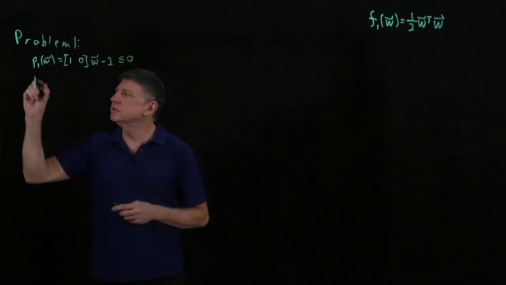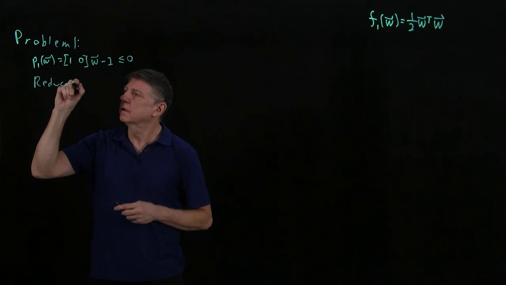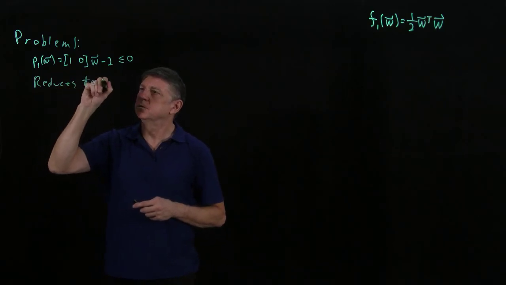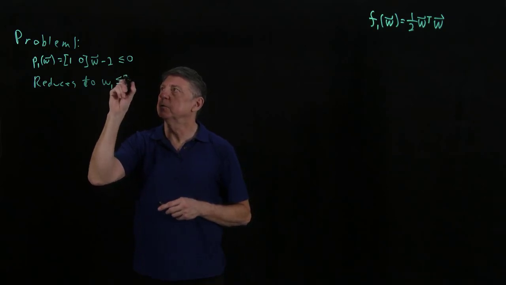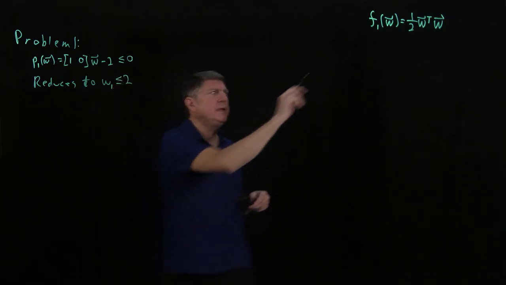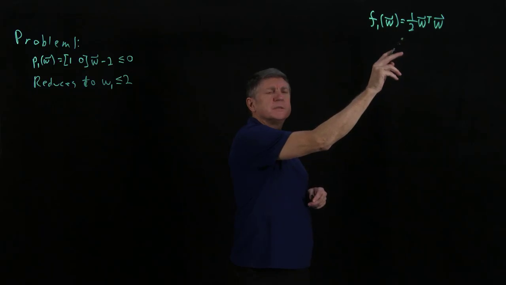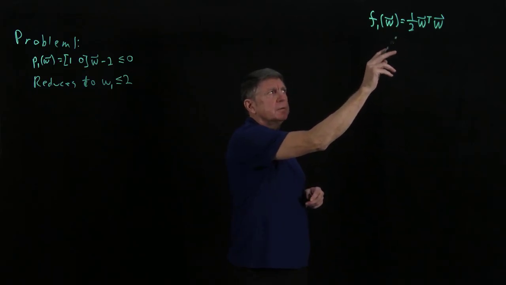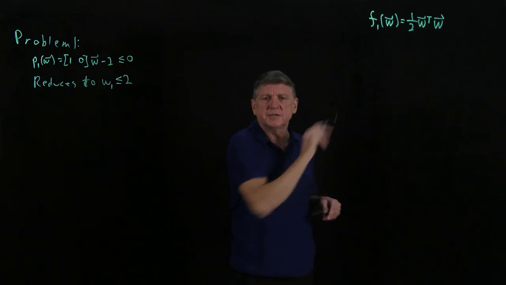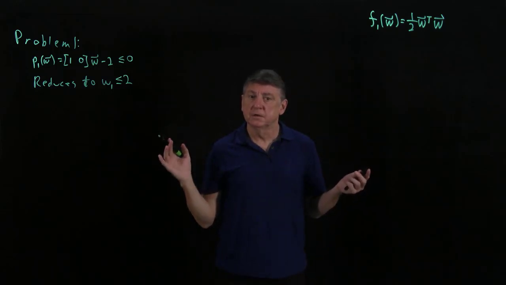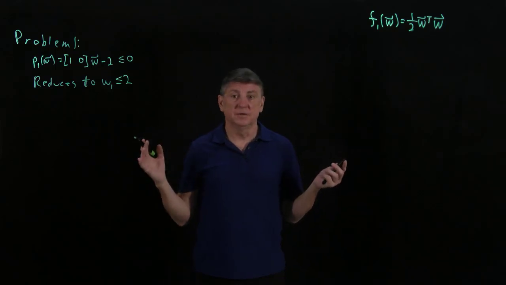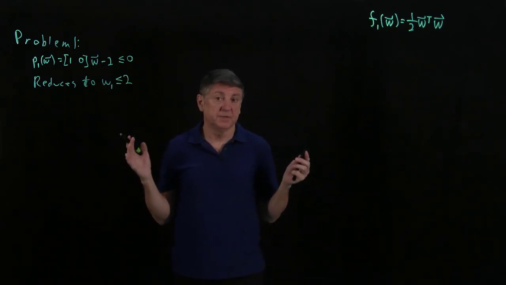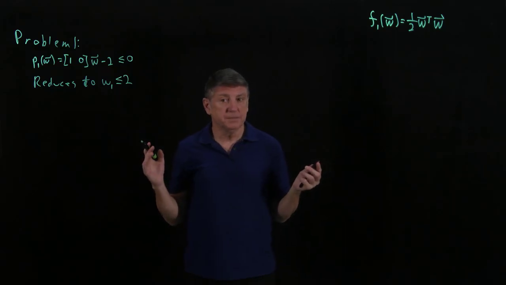And that reduces to the first entry of the argument is less than or equal to 2. If we examine this, we see that this objective function has a minimizer at 0. That's when the level is 0, and no level of a squared norm can be less than 0, so that must be the minimizer.